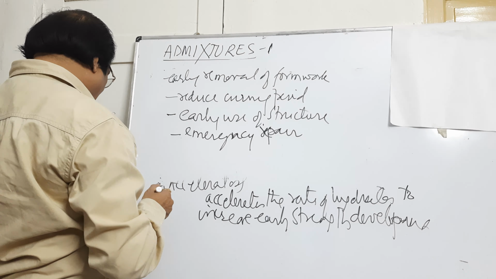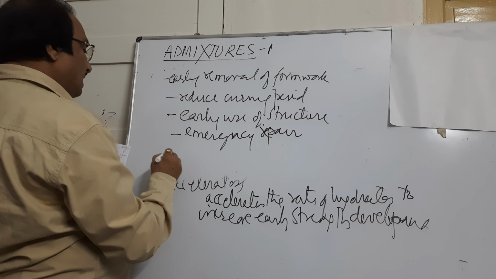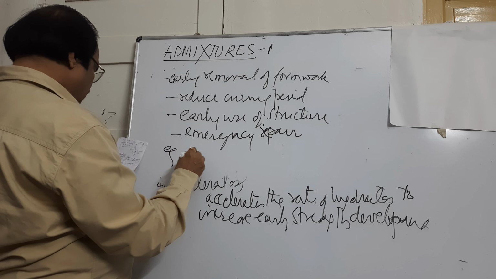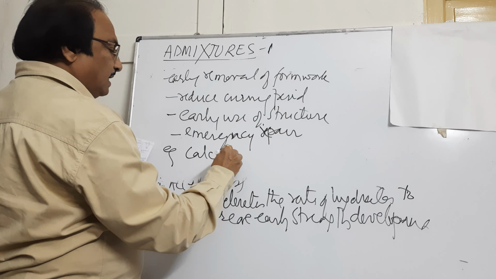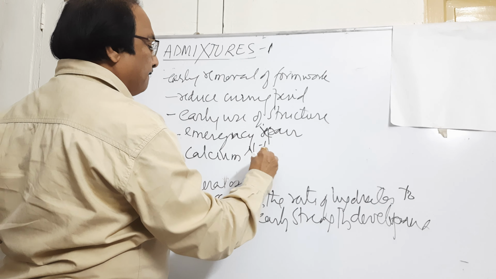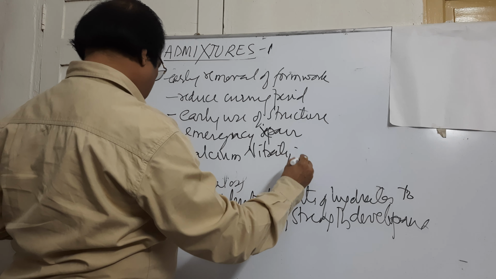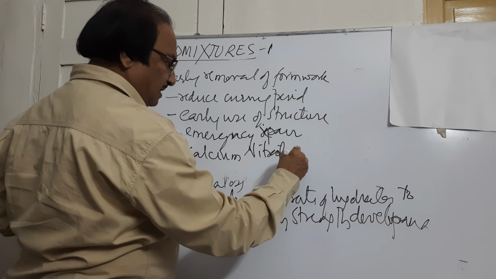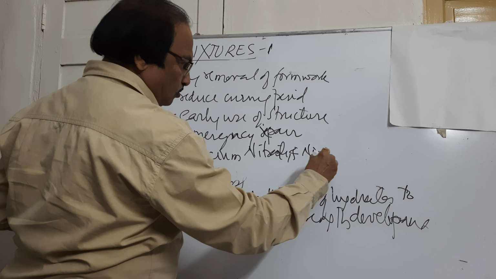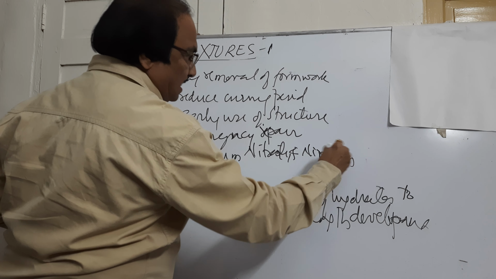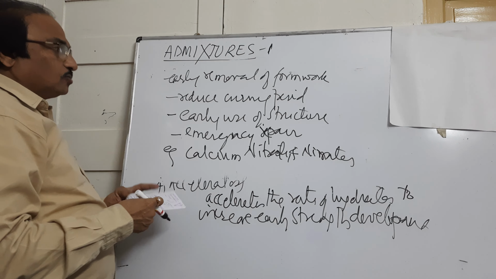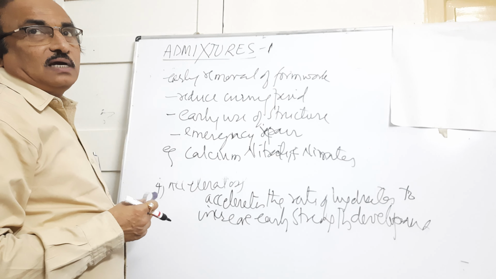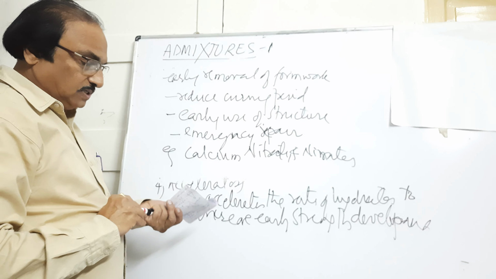So we add accelerators to that. The examples here are calcium nitrite and nitrates, both nitrites and nitrates. These are the admixtures we are using.